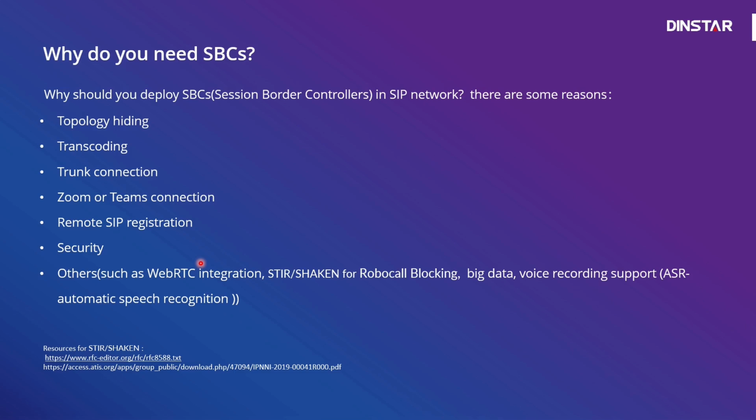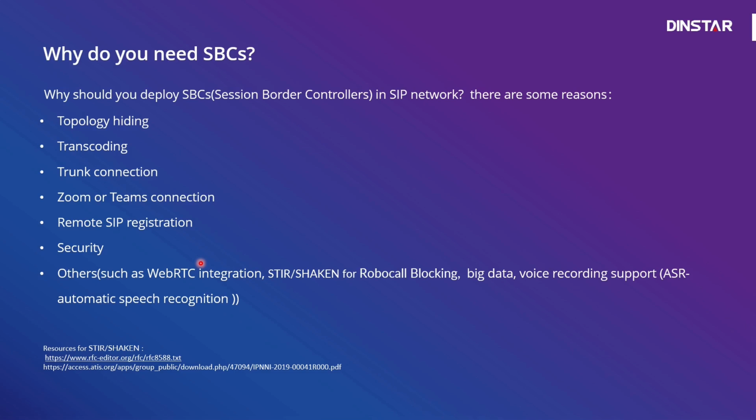Okay. And nowadays, I think in the last year, especially in the US, people started using STIR/SHAKEN for robocall blocking. Here is the FCC policy already, so you have to do that by using the STIR/SHAKEN mechanism to do the robocall blocking. Okay.